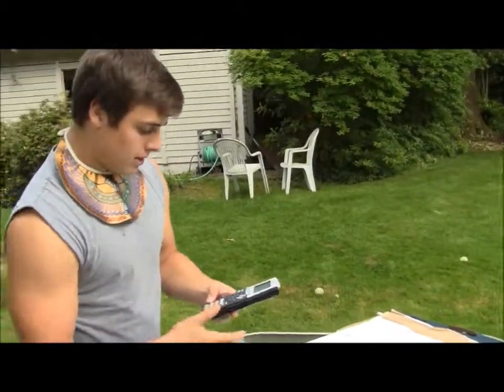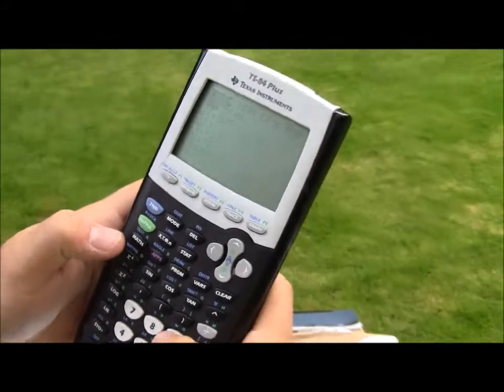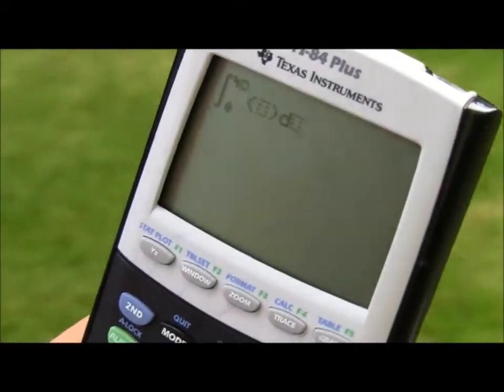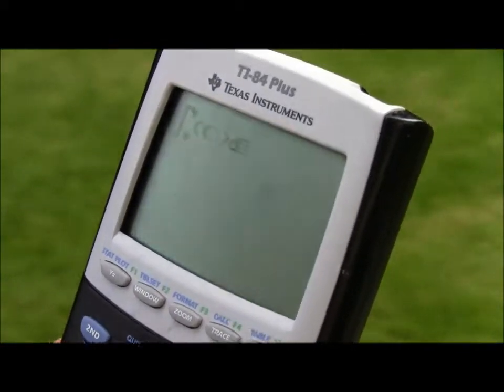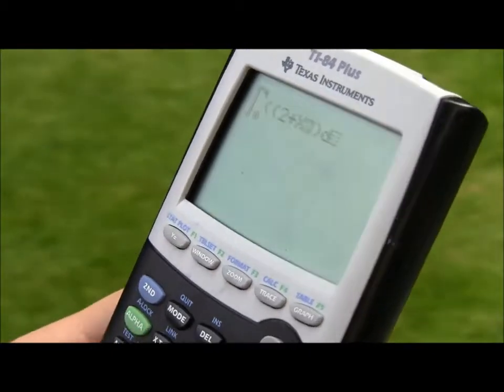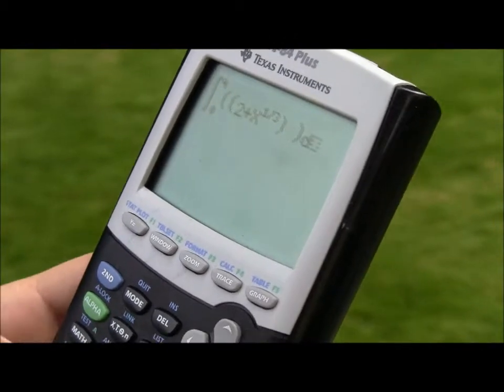So we'll come over here. We type again, math 9. We get this. Our region from 0 to 4. So let's enter that in there. Then our big radius, we'll make open parentheses. We have 2 plus our variable, the power of 1 divided by 3. Square this whole thing.